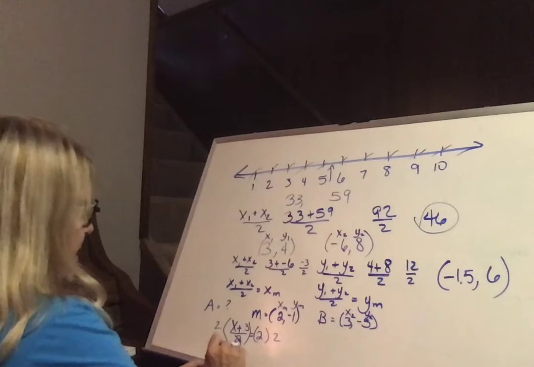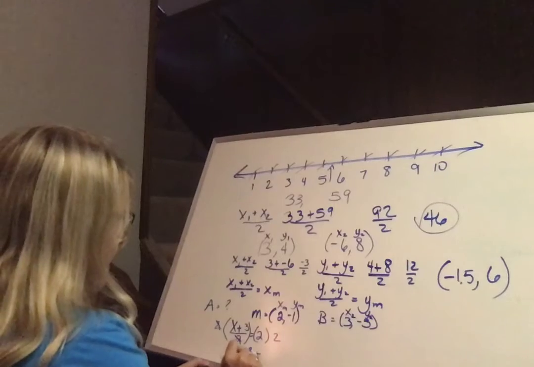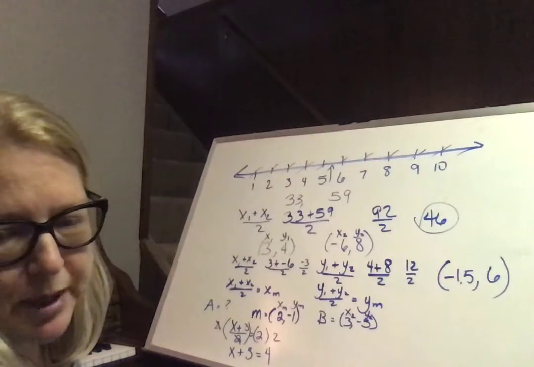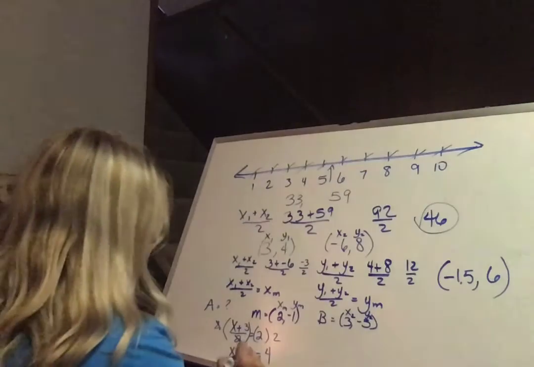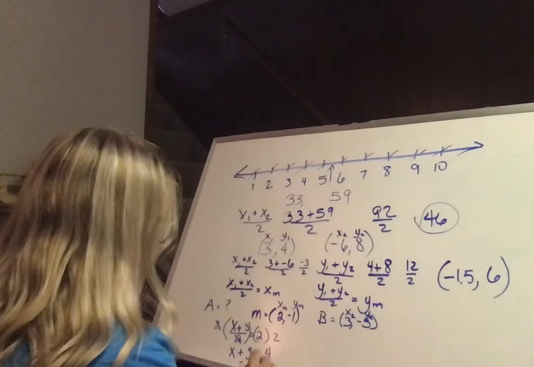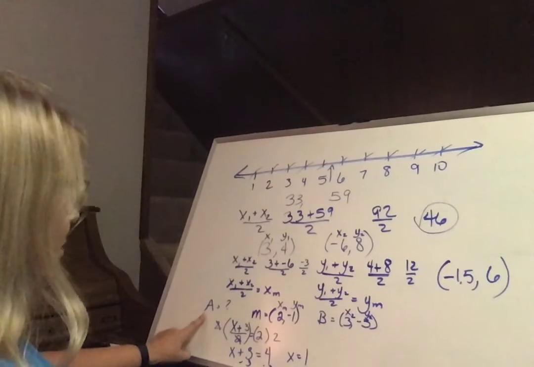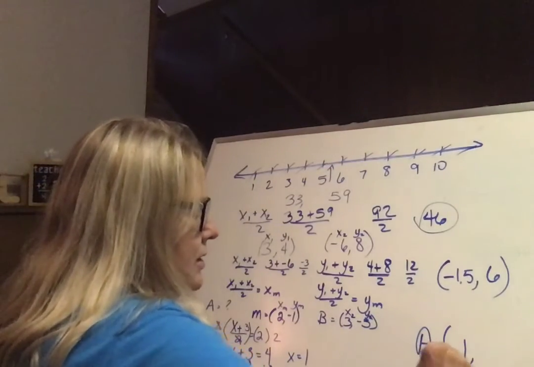In this case, this 2 cancels with this 2. x plus 3 equals 2 times 2, which is 4. That's just a one-step equation: x plus 3 equals 4. We undo plus 3, so x equals 1.